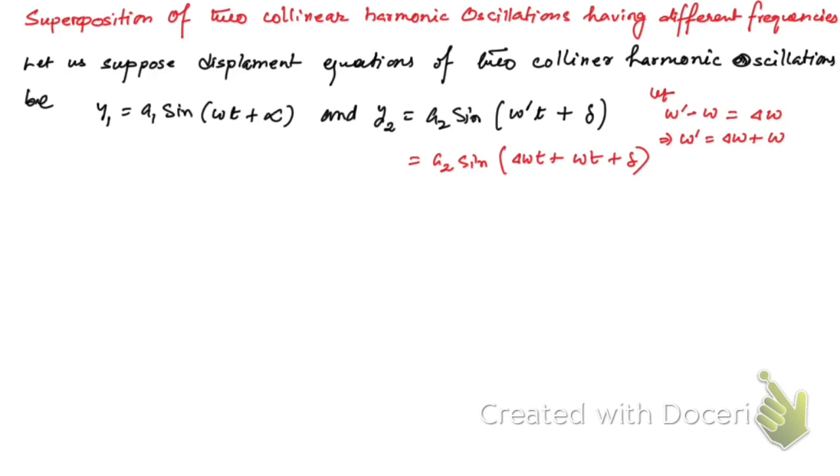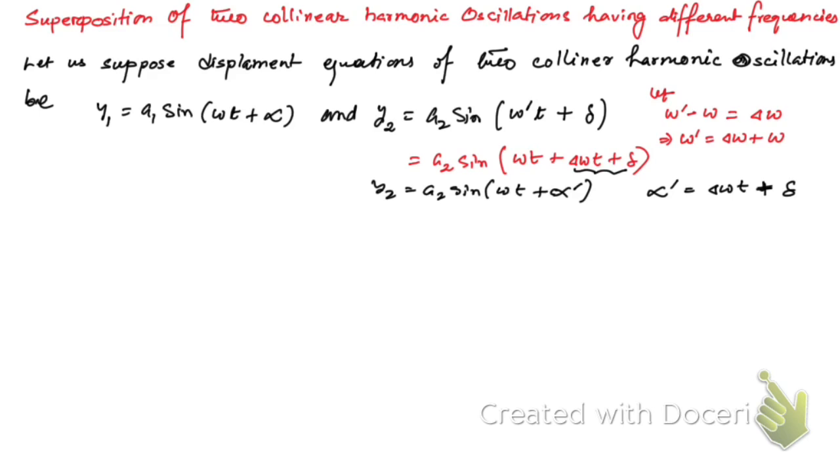Let me interchange the order and write ωt first and then Δω t. Now let me consider these things as α'. So y2 = a2 sin(ωt + α'), which means α' = Δω t + δ.